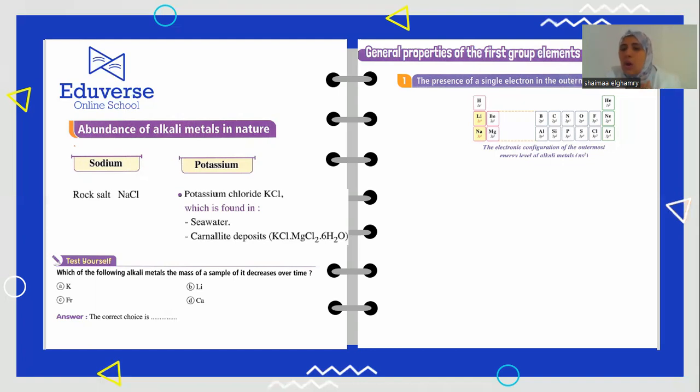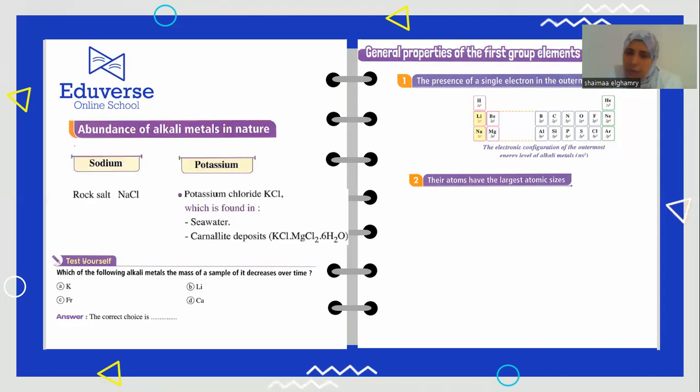They also have the largest atomic size. They start each period, so they have the largest size in their periods. Because they have the largest size, they also have the least ionization potential.